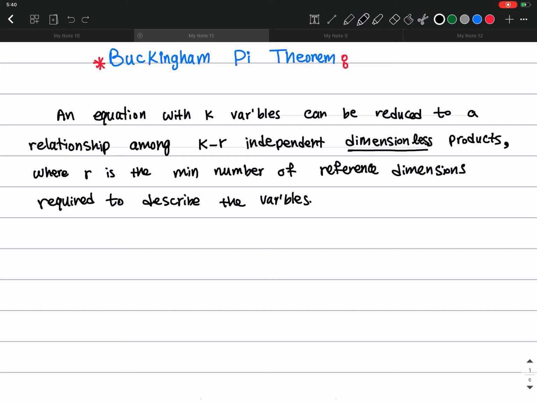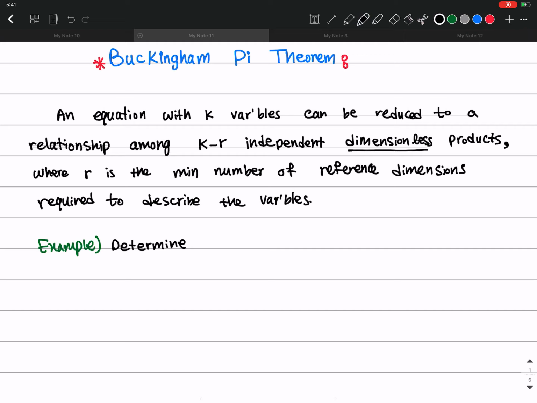So you can reduce your parameter space search to K minus R independent dimensionless products, okay? So I want to explain this more with an example. Okay, so let's get started with an example, because this is going to help us a lot to understand this principle and how we should use this.